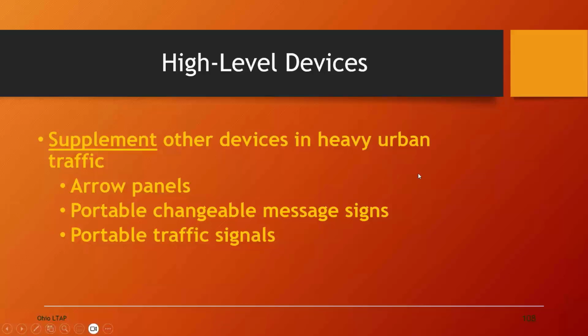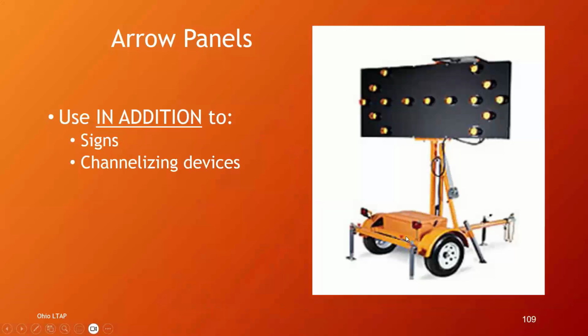And so we need devices like arrow panels, and you'll see portable changeable message signs have become a lot more common these days. And then portable traffic signals, and even I've seen portable automated flaggers on our more high volume 2-lane rural roads.